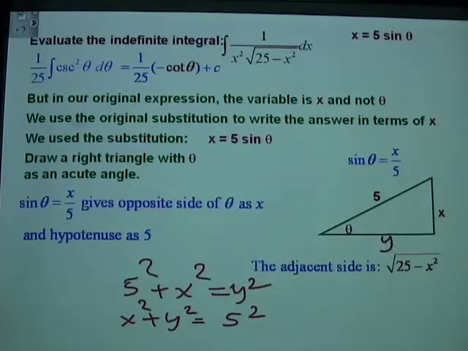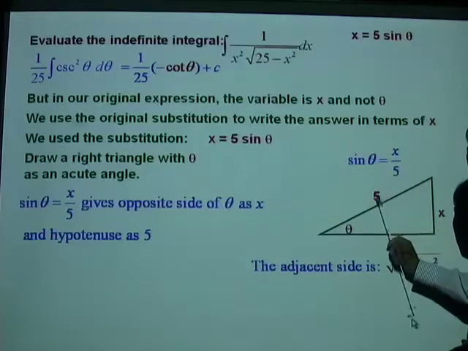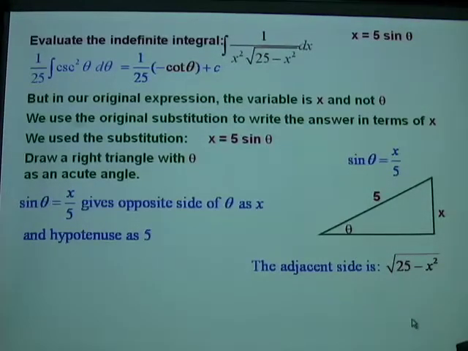If you solve this, you will get y equal to square root of 25 minus x squared. And that is what is expected here. That means when the opposite side is x and the hypotenuse is 5, the adjacent side is square root of 25 minus x squared.